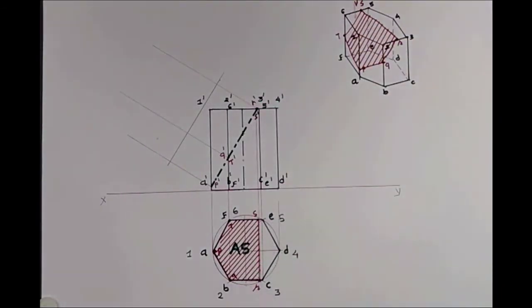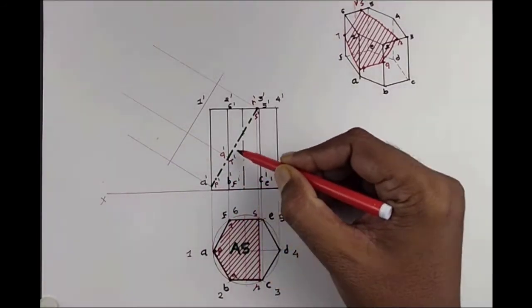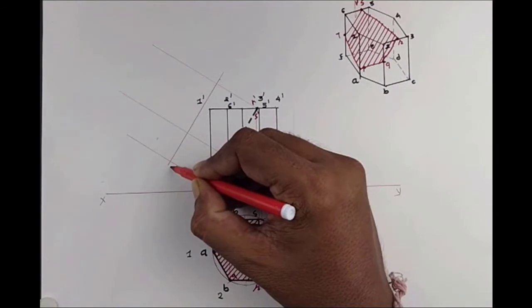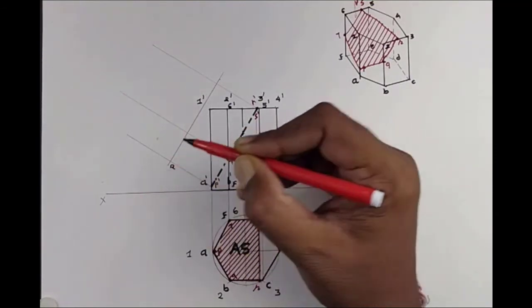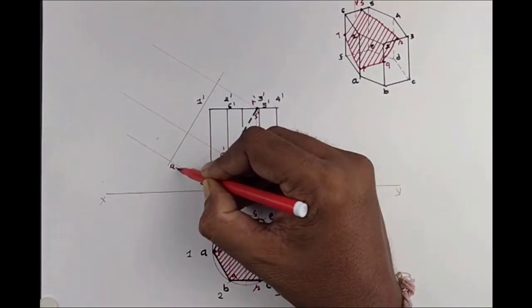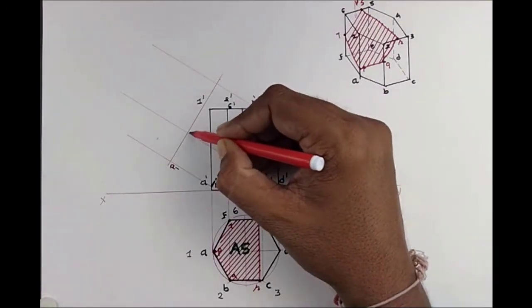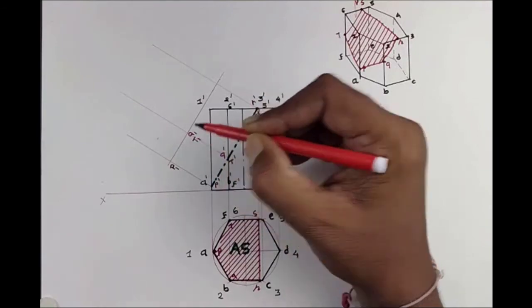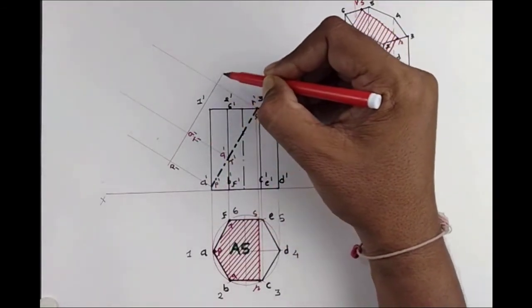Now for the actual top view, first I shift all of these onto our reference line. This is my P1, it is Q1, T1. It is just a notation. R1, S1.